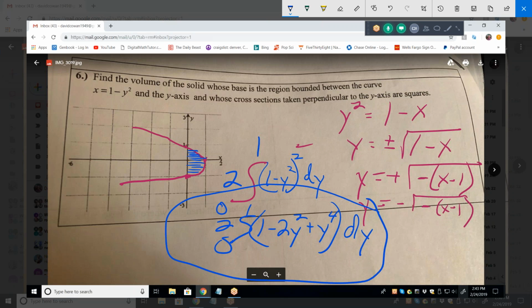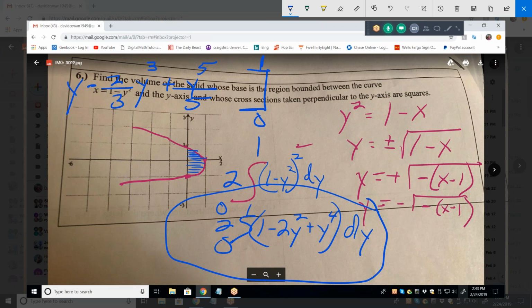Now let's take a quick look at it. The first term becomes y minus 2/3 y cubed plus y to the 5th over 5, evaluated from 0 to 1. Now it's relatively easy to figure out because zeros and ones make for a nice evaluation.